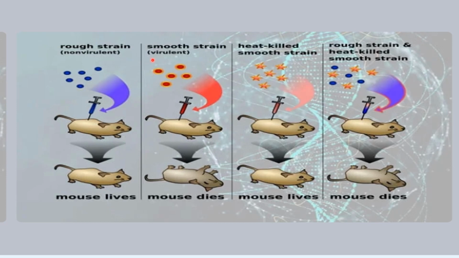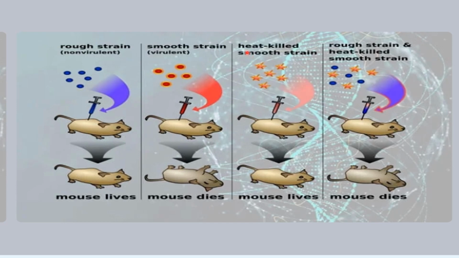In the second part, he used the smooth strain or virulent strain, which has a polysaccharide coat. When he injected the mouse with this virulent strain, the mouse was affected and the result is that the mouse dies.